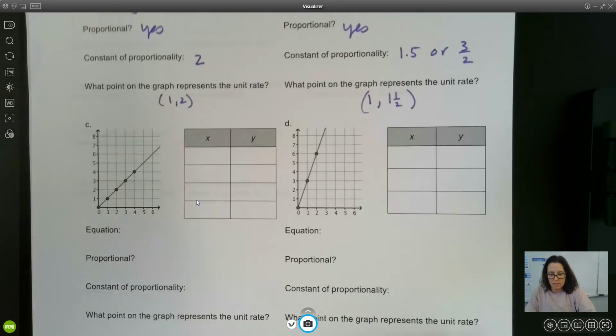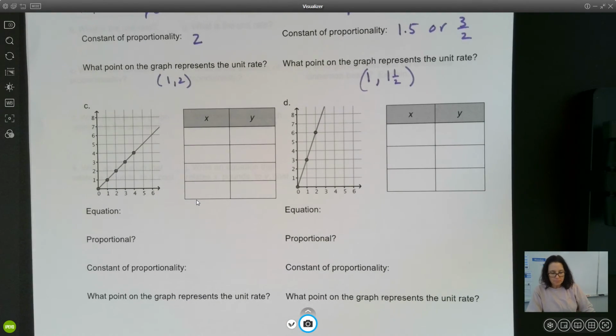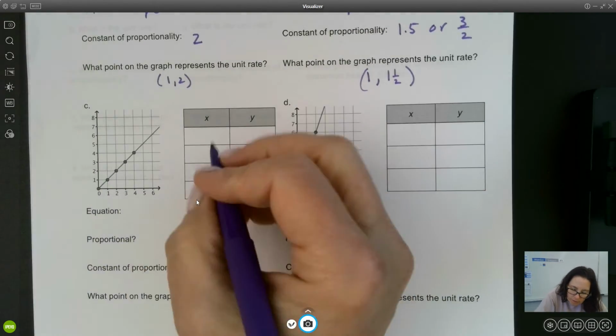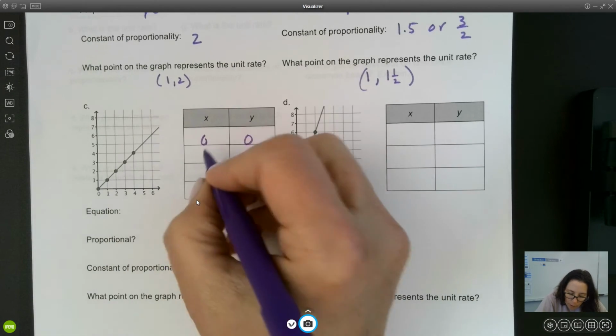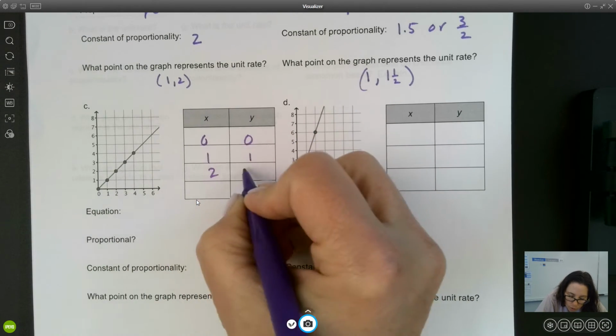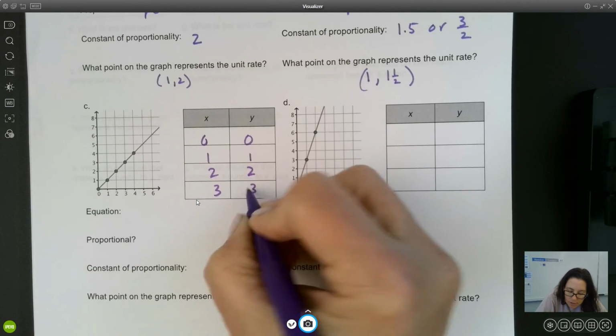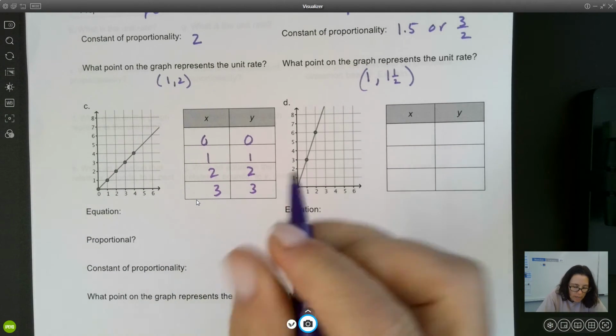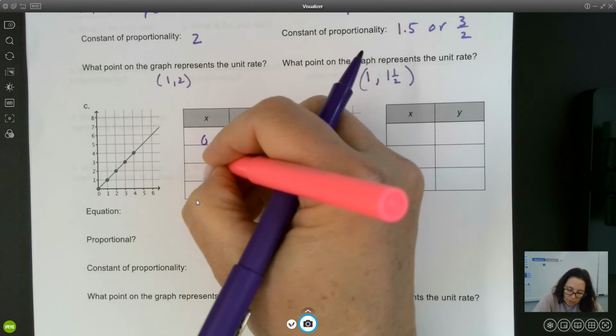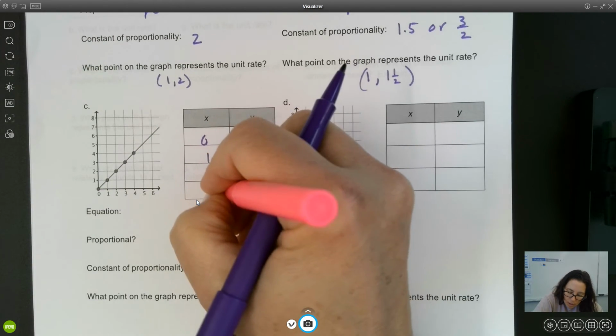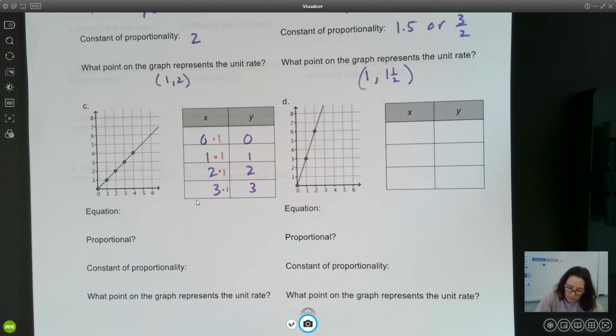All right, part C. 0, 0, 1, 1, 2, 2, 3, 3, and so on. Okay, the equation. Hopefully you see that this is just multiplying by 1.